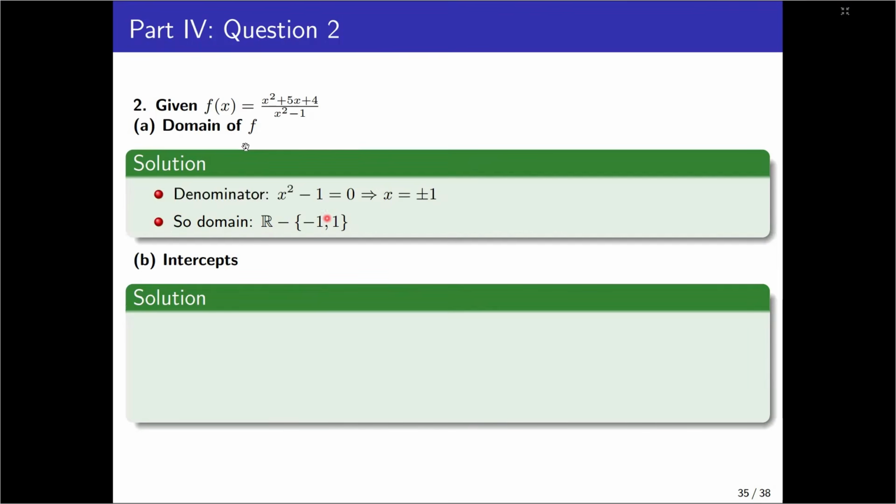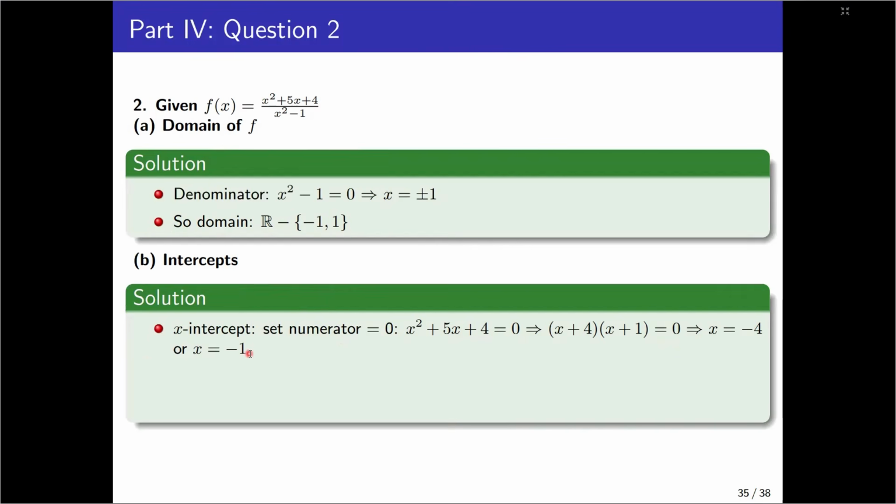B, the intercepts of this function. We have two intercepts, x-intercept and y-intercept. The x-intercept will be obtained by letting y be 0, that is x squared plus 5x plus 4 is equal to 0. For that, we have x equal to minus 4 or x equal to minus 1.